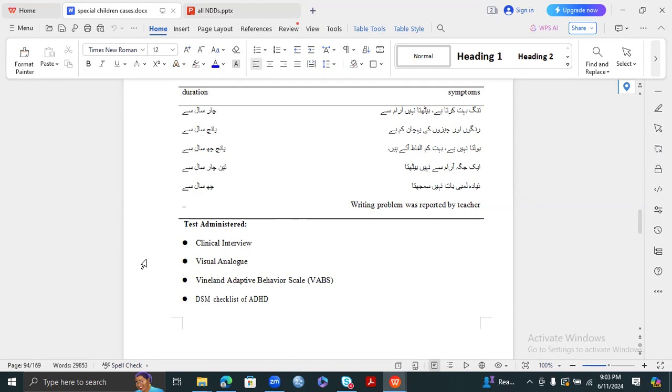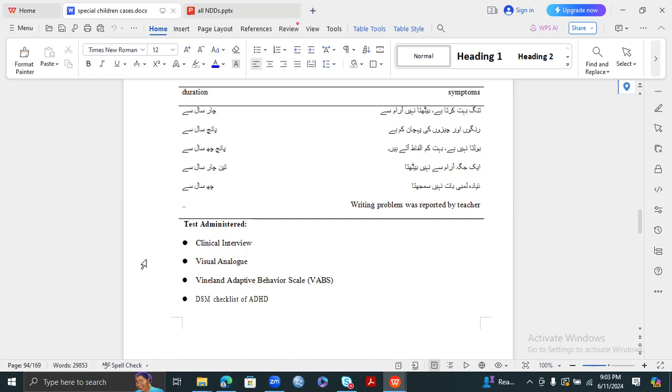All right, the client is 10 years old right now, and another complaint is that he can't sit still in a single place for the last 3 to 4 years. He can continue a long-term discussion for about 6 years. The writing problem was also reported by the teacher, that he is not consistent in completing tasks over a period of time.